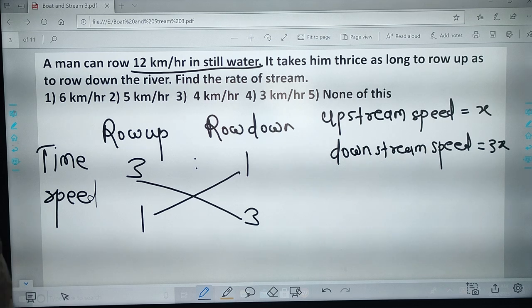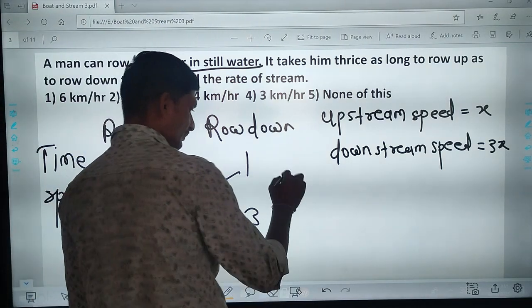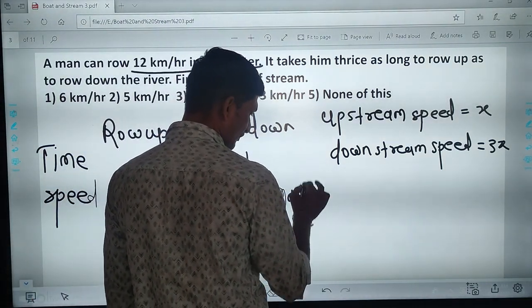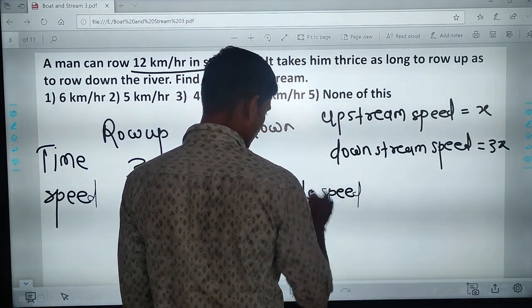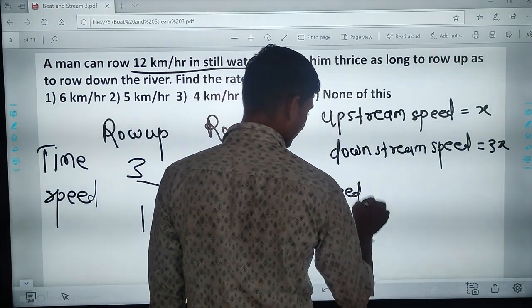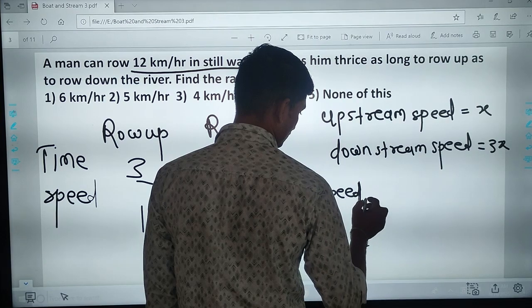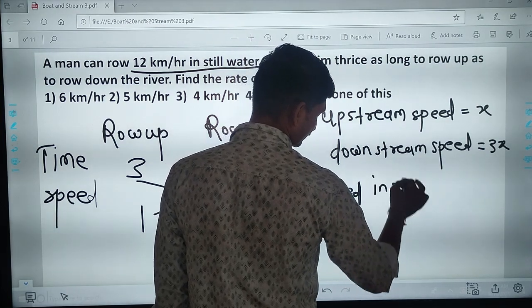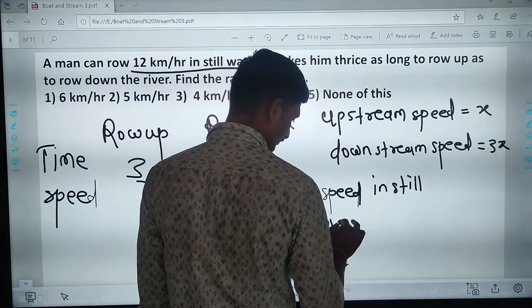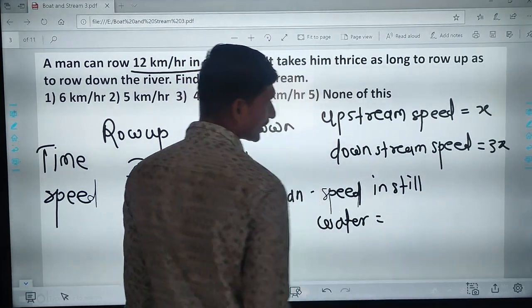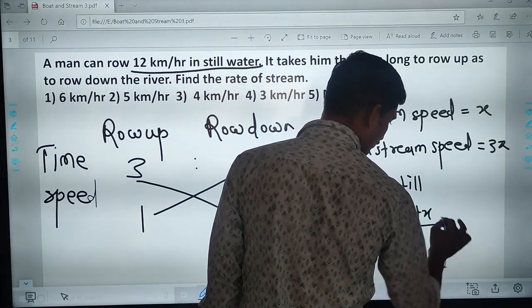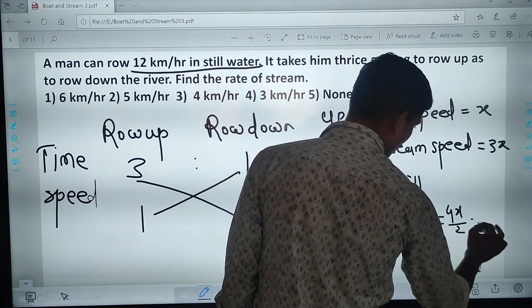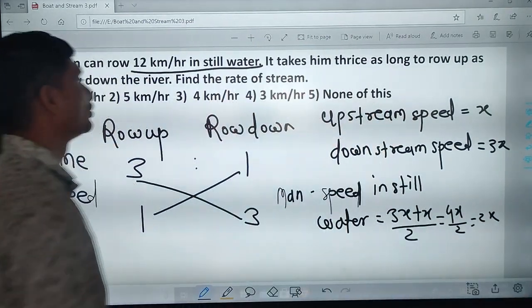Upstream speed and downstream speed. Man's speed in still water is equal to the addition of these two divided by 2: 3x plus x divided by 2 is equal to 4x divided by 2, which is 2x.